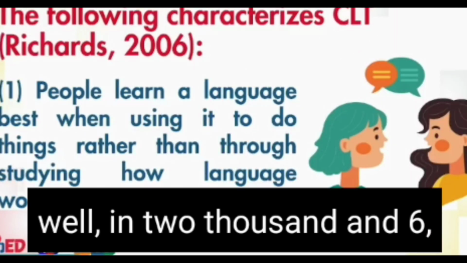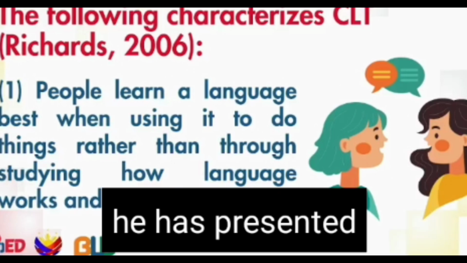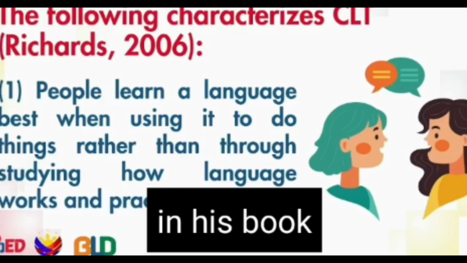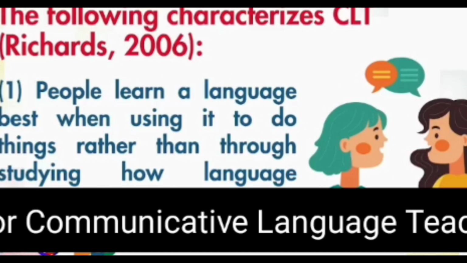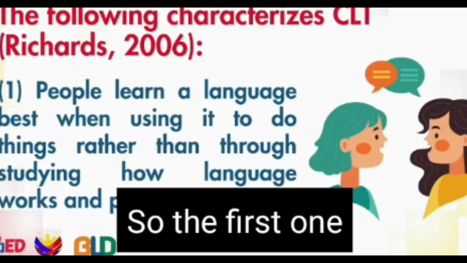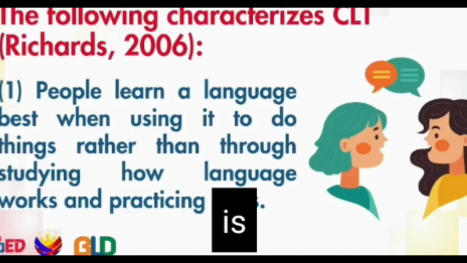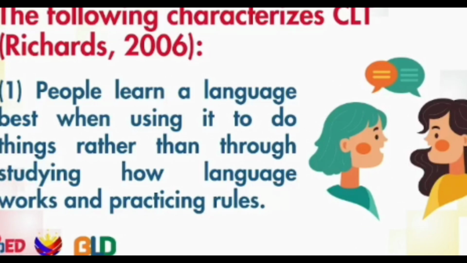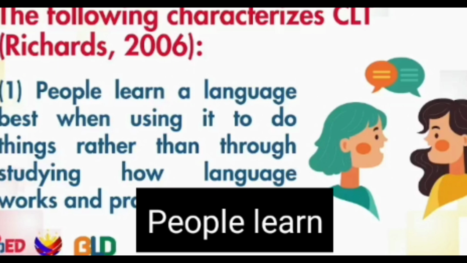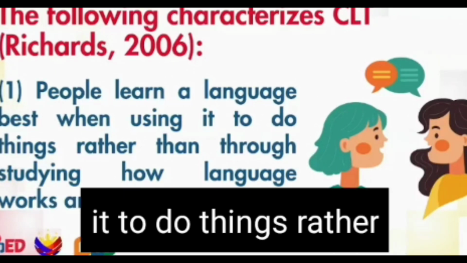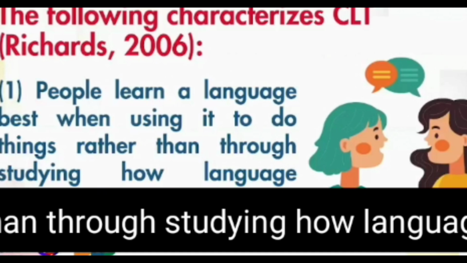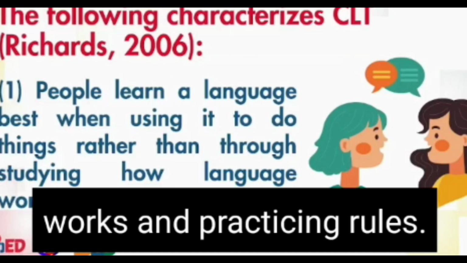According to Richards as well, in 2006, he presented in his book 4 characteristics of CLT, or communicative language teaching. The first one is people learn a language best when using it to do things rather than through studying how language works and practicing rules.